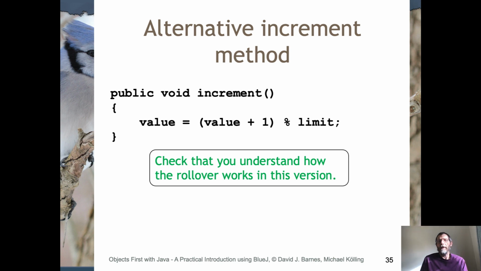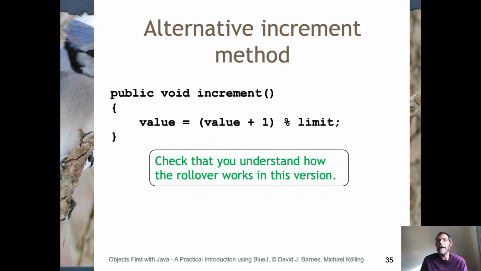So value increases towards the limit, but as soon as adding 1 to the value would give us a value that's equal to the limit, then we get a result of 0.